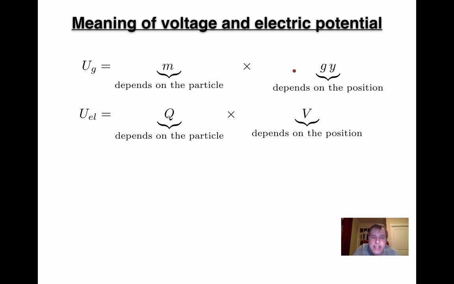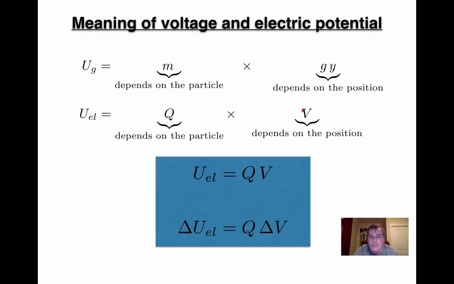Now, in electricity, and this is a key equation, if you have a certain charge at a point in a circuit where the electric potential is V, then the electric potential energy of the charge is Q, which is a property of the charge, multiplied by the electric potential at the position of the charge. That's the key equation.